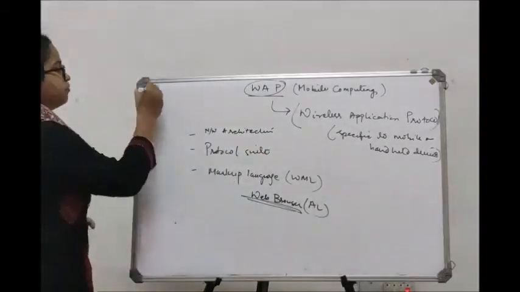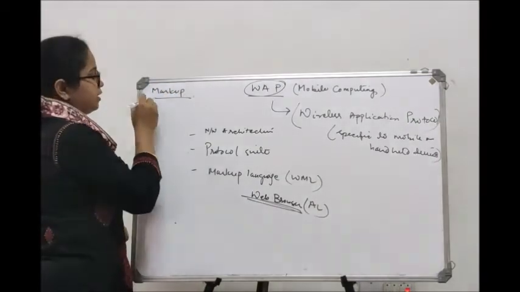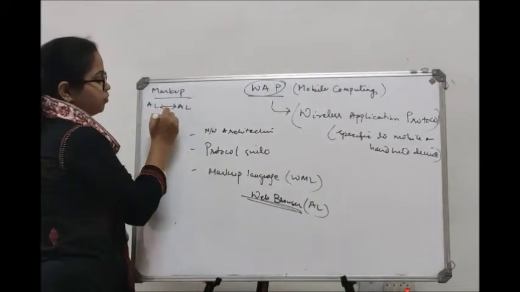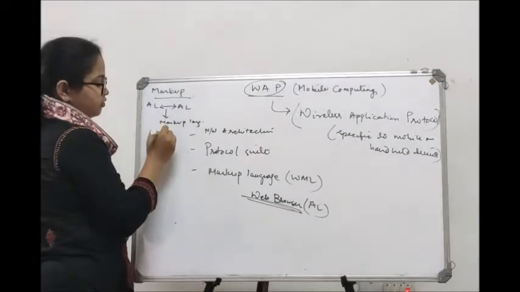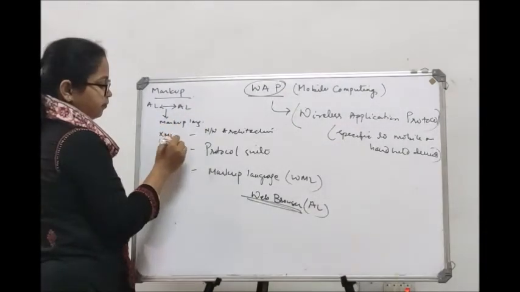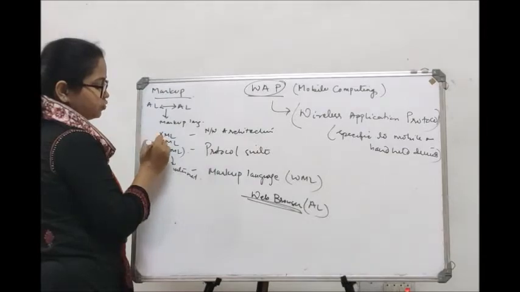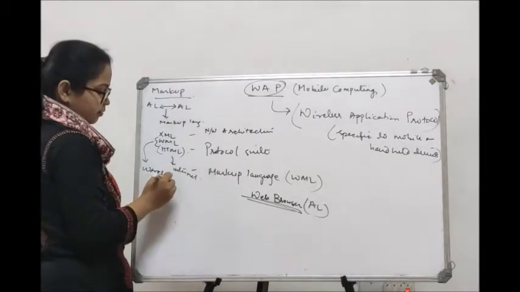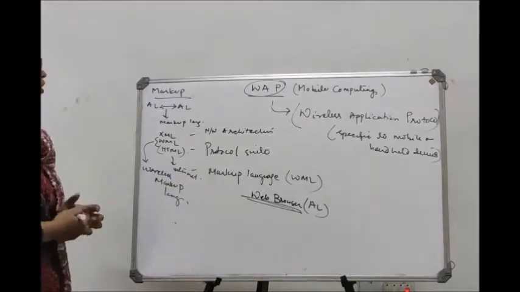There are various markup languages which the internet understands, and the communication from application layer to application layer takes place through markup language, such as XML, WML, and HTML. HTML is used in the internet, and in mobile devices we usually use WML, Wireless Markup Language. I hope you got the idea.